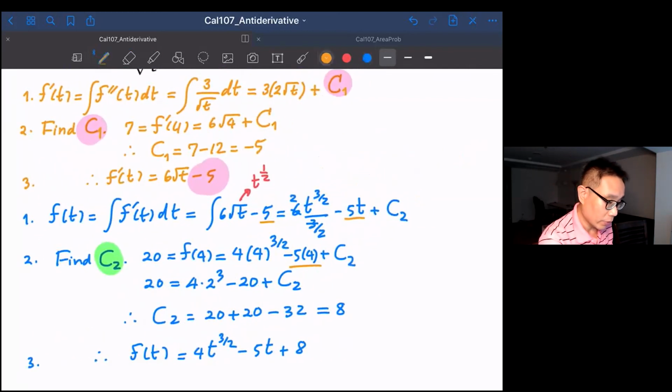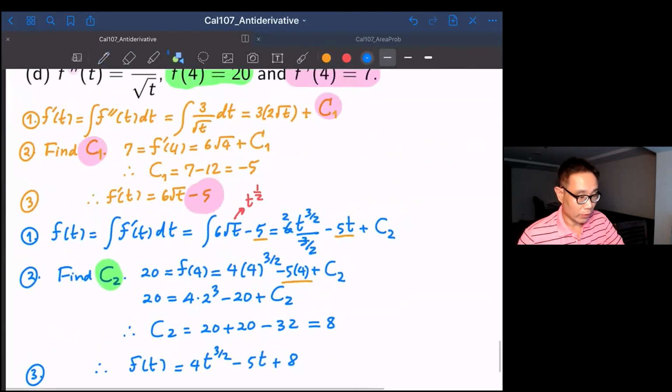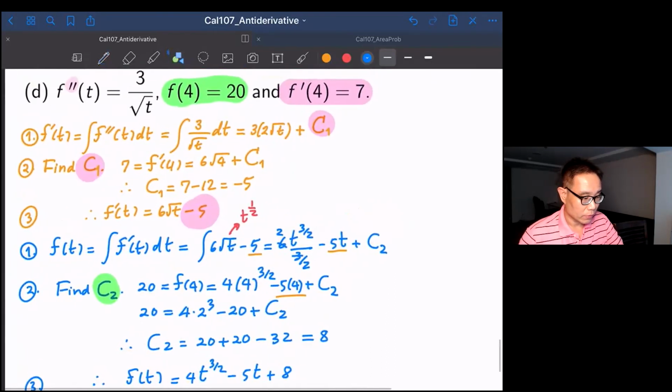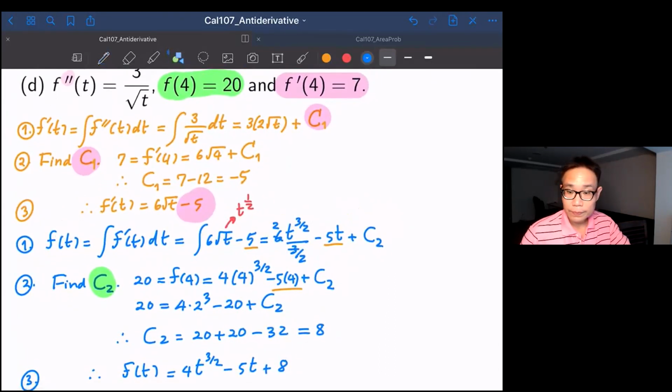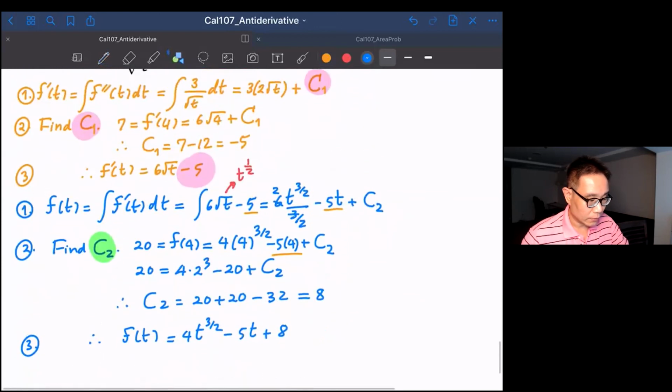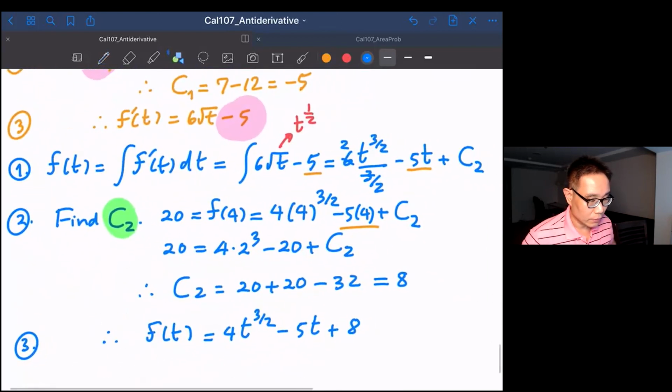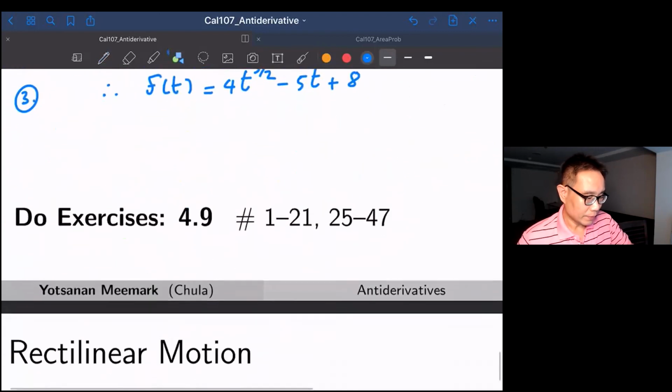So this one you may have your first, second, third, and you have first, second, third. So you do this one kind of 2 times. Okay, so that's it.